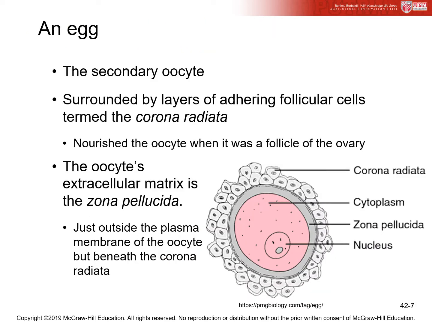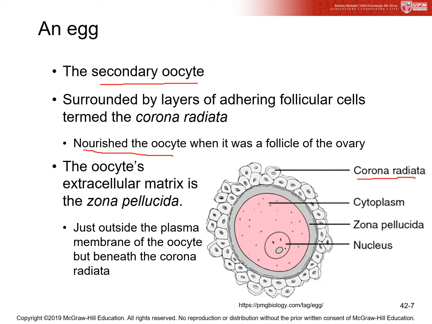The second cell involved in fertilization is actually an egg, also known as the secondary oocyte. In the secondary oocyte, you can see the outermost layer of the oocyte is made up of the corona radiata. The function of the corona radiata is to nourish the oocyte.